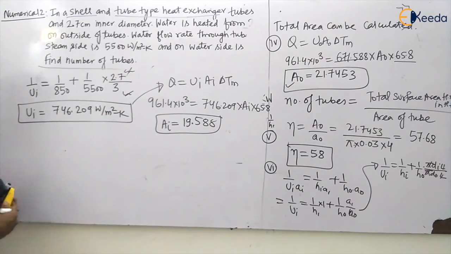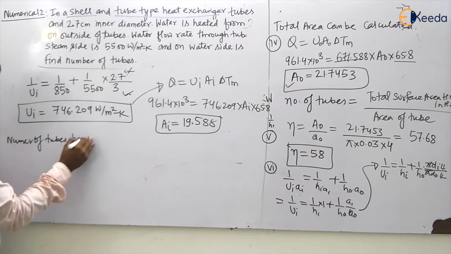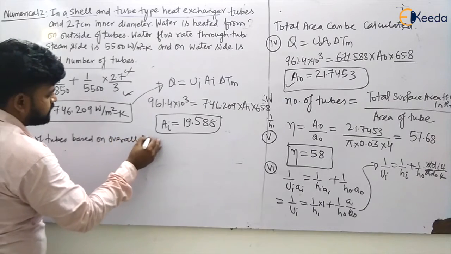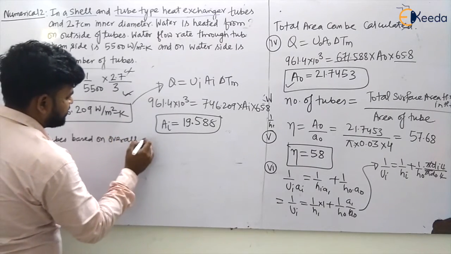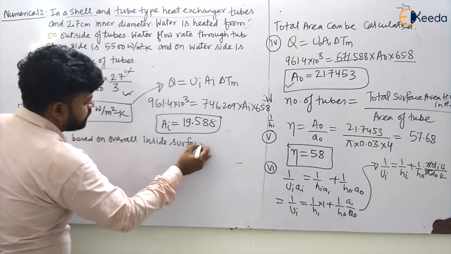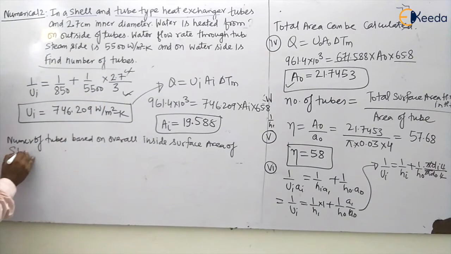Number of tubes. Let us see. So number of tubes based on overall inside surface area of tubes of shell, we can say, will be given by equal to what?